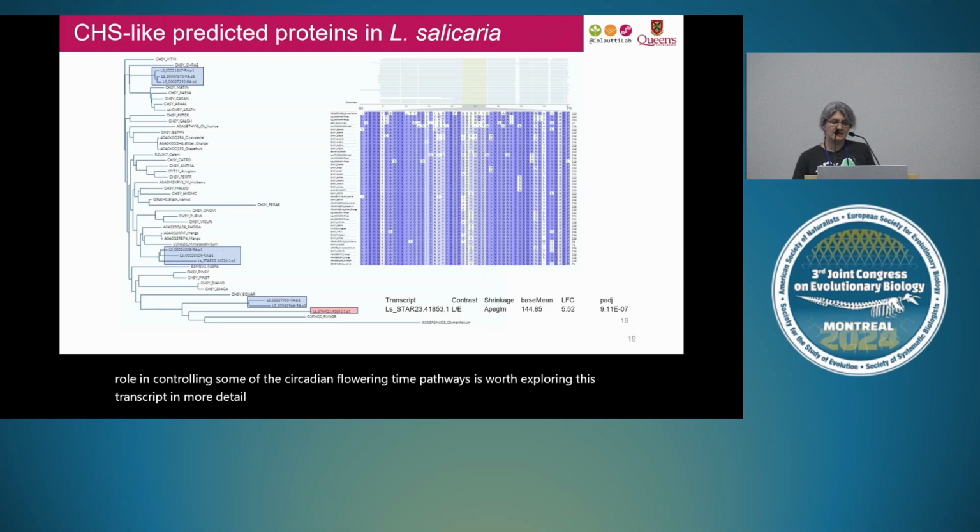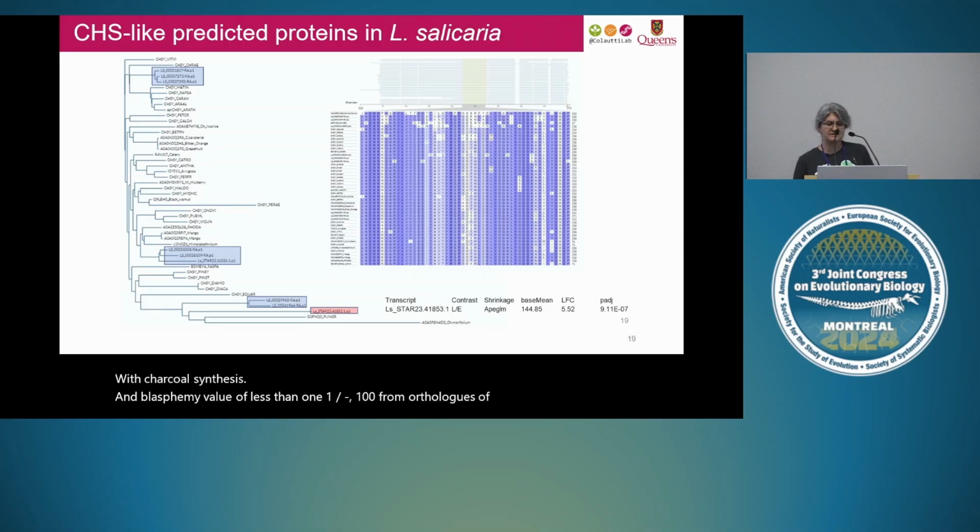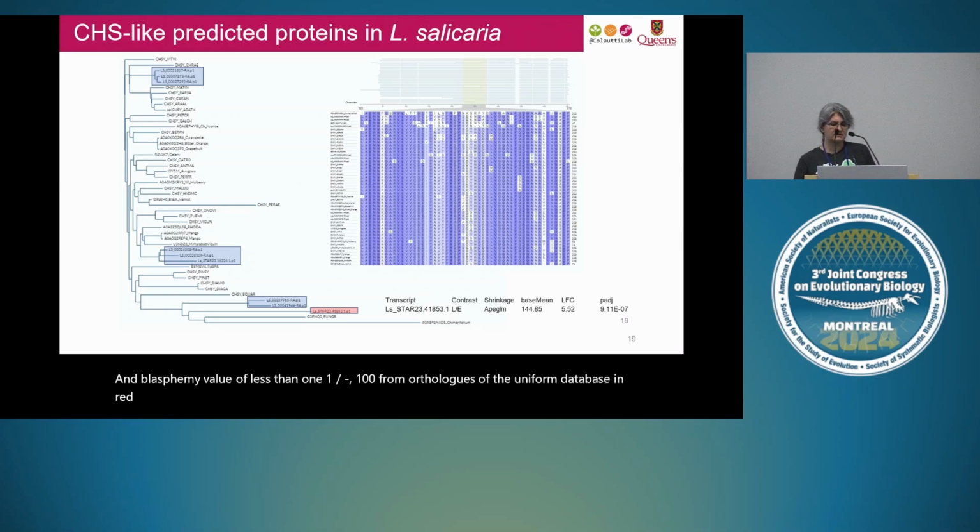And here is a phylogram of an alignment using a cluster of 8 sequences highlighted in blue of predicted proteins with more than 70% sequence similarity with chalcone synthase, and BLAST-P e-value of less than 1e-100 from orthologs of the UniProt database. In red, there's a predicted protein from a differentially expressed transcript that is upregulated in late flowering plants. Since I ran out of time, this is all I can share today.